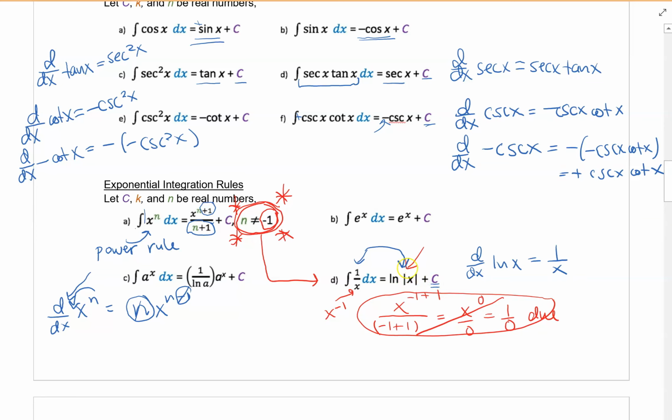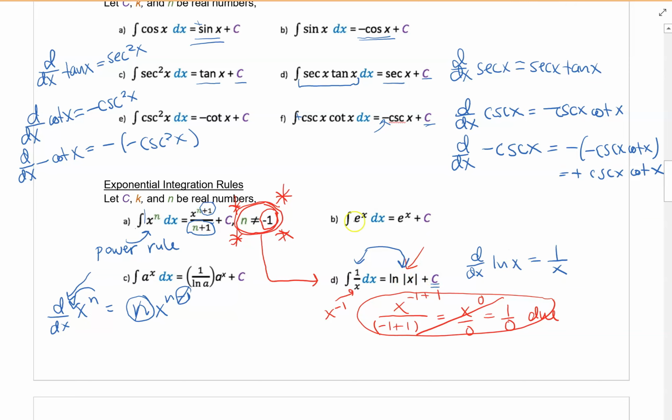The absolute value is there because the inside of a natural log has to stay positive. Because the natural log is undefined for negative values inside, they're not in the domain. And since we're going backwards from this function here where x's were allowed to be negative into the antiderivative where they're not, I have to ensure that my domain stays positive. So that's why the absolute value is here this time and wasn't here this time.